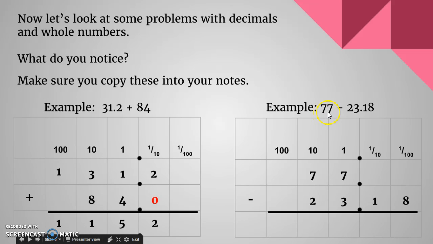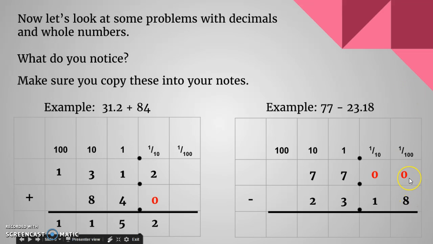Okay, so 77 means I have a 7 in the tens place and a 7 in the ones place. 23 and 18/100 means 2 in the tens place, a 3 in the ones place, a 1 in the tenths place, and an 8 in the hundredths place. Again, I've got to annex some zeros so that I have something to subtract from.